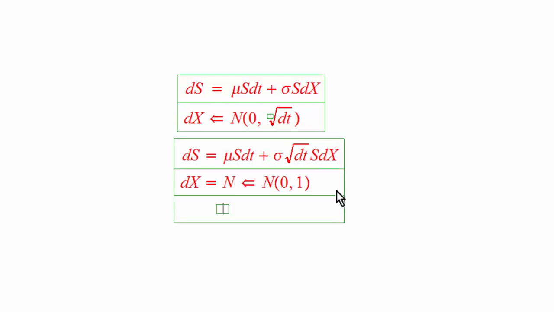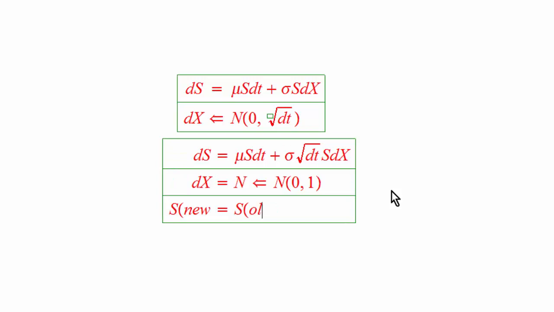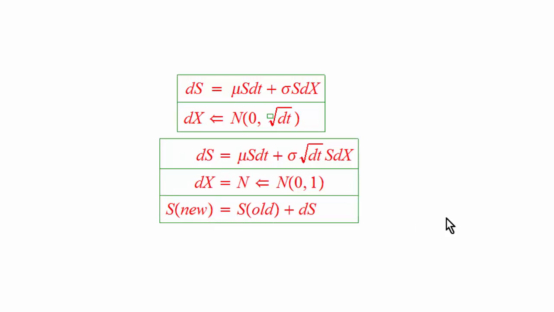We would take the old stock price, the day before, plus dS, so stock price new equals stock price old plus dS. That is how we would simulate stock prices that have the same drift and the same volatility as our data.